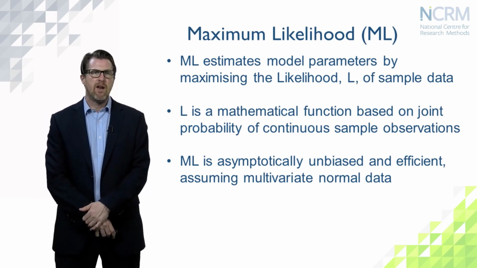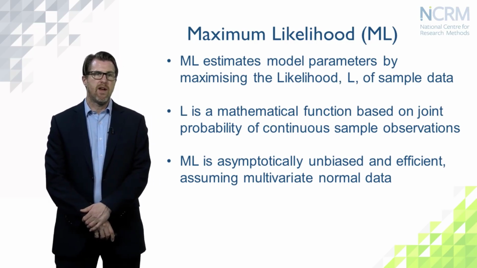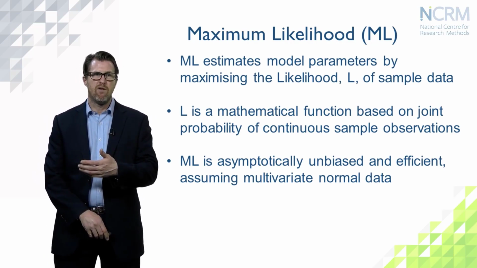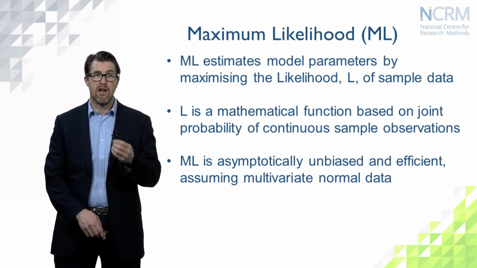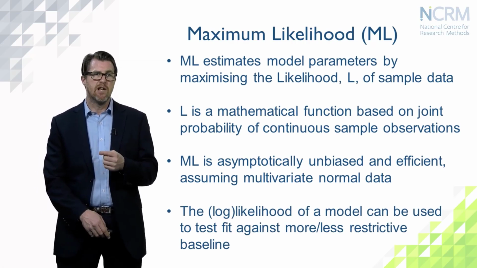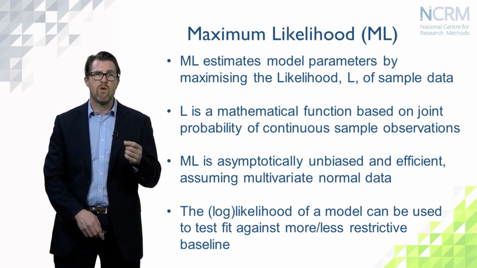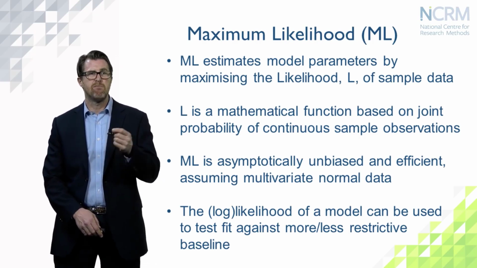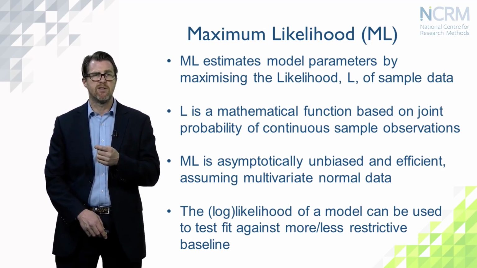Now, another way in which maximum likelihood is used in SEM is not just in the estimation of the unknown parameters, but in use of the likelihood, the maximum likelihood. If we take the log of the likelihood for the model, then we can use this to test how well our model fits compared to some more or less restrictive alternative.